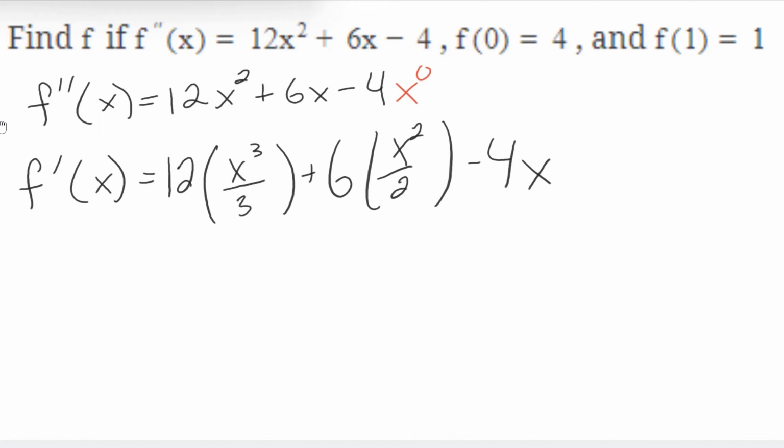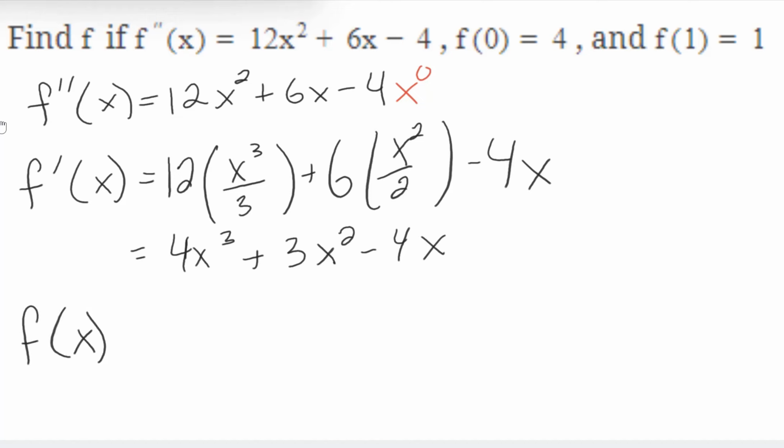It's 1. So that's where you get the x back. All right, so now we can clean this up a little bit before I go to the next step. 4x to the third plus 3x squared minus 4x plus c.